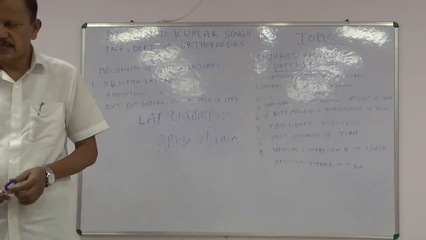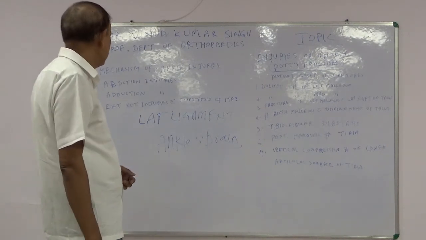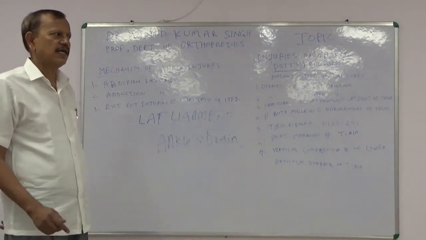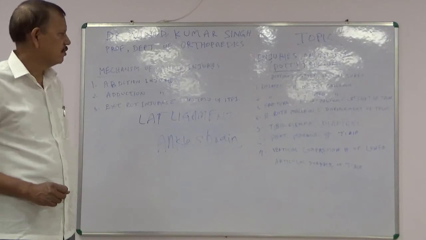There can sometimes be an isolated injury of the lateral ligament of the ankle, involving all three fasciculi: the anterior talofibular ligament, the calcaneofibular ligament in the middle, and the posterior talofibular ligament.